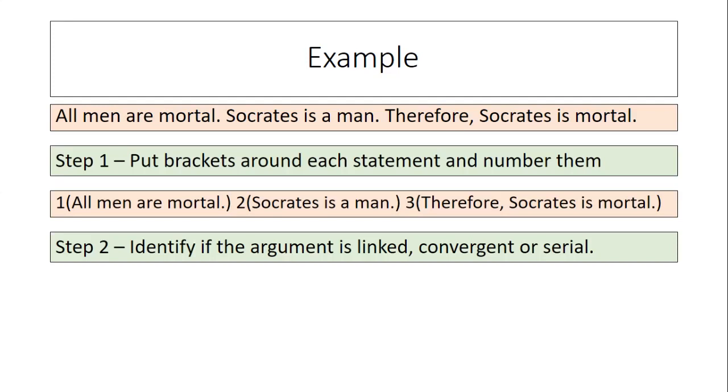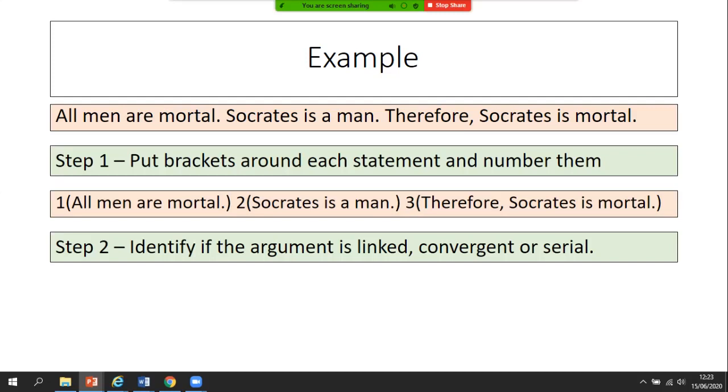Well, this argument is linked because all men are mortal, Socrates is a man, therefore Socrates is mortal. We can only get to the conclusion that Socrates is mortal if we have the fact that all men are mortal mentioned in the argument and the fact that he's a man. So you can't just have premise 1, all men are mortal, therefore Socrates is mortal, because Socrates might be a cat, for example.